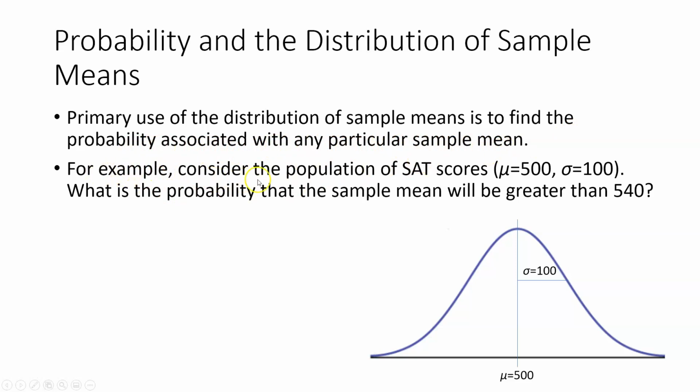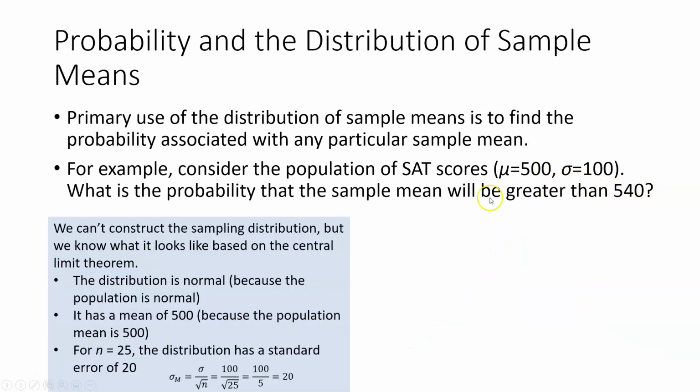For example, consider the population of SAT scores that has a mean of 500 and a standard deviation of 100. We could ask ourselves, what is the probability that the sample mean will be greater than 540? In this example, we can't construct the sampling distribution, but we know what it should look like based on the central limit theorem.